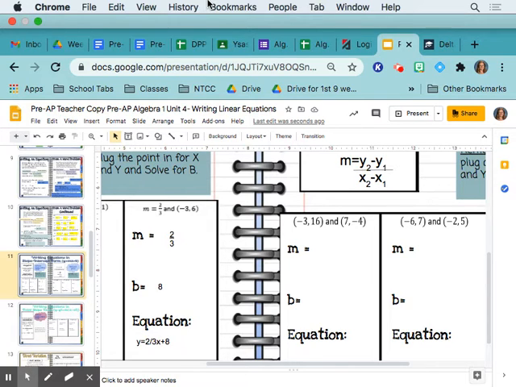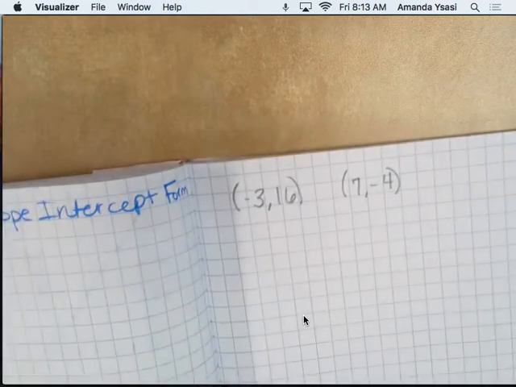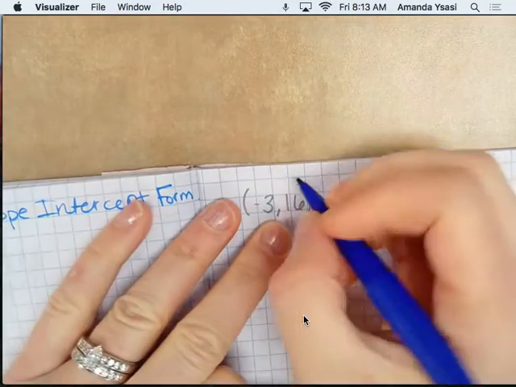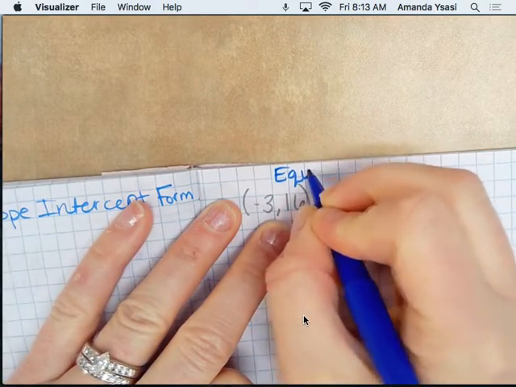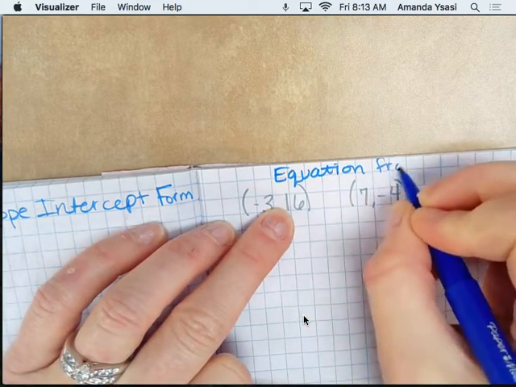I went to the next page. Anybody use the same page? Either one's fine. Okay. So I'm going to write the title over for these problems, and you can just do it right above your problem. Equation from 2 points.